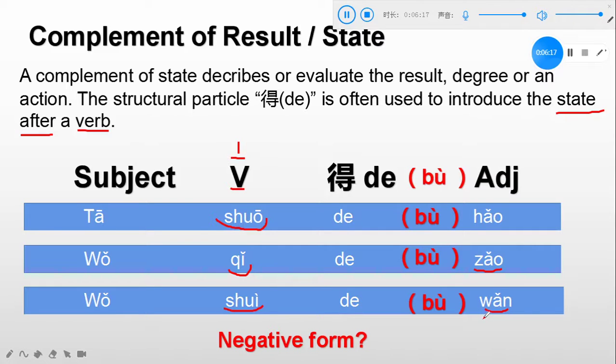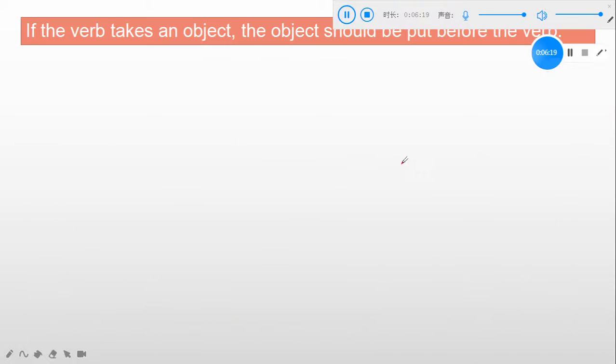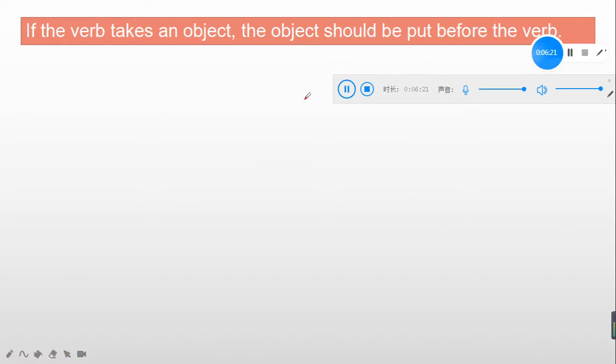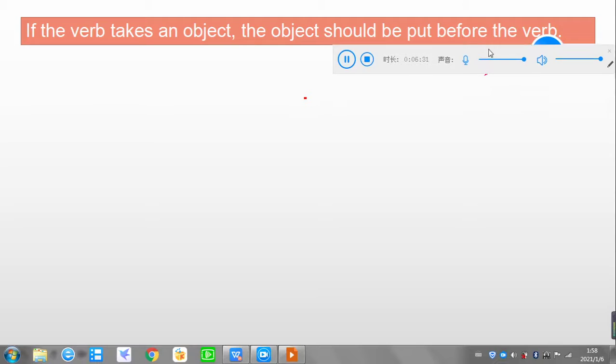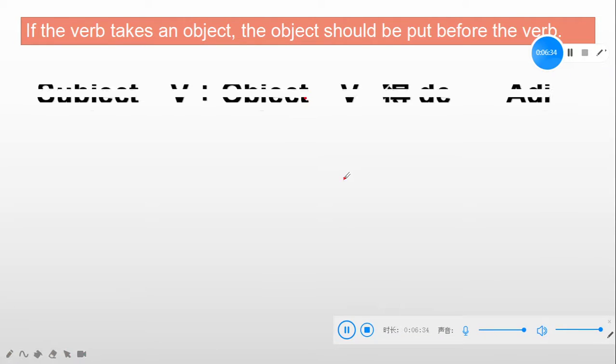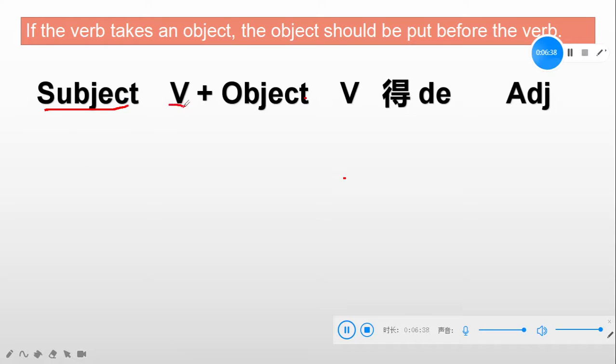Okay, now we can move to the next page. And now this one, if the verb takes an object, the object should be put before the verb. What does that mean? Here, I can show you. This one. Subject with a verb, with an object, and then with a verb again.